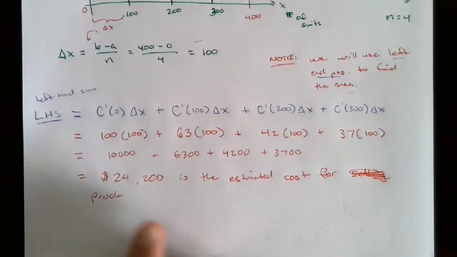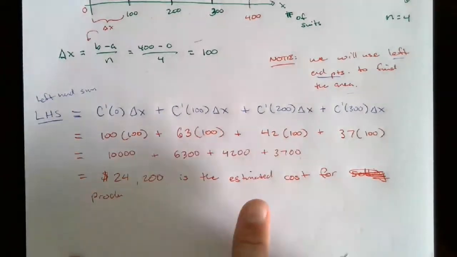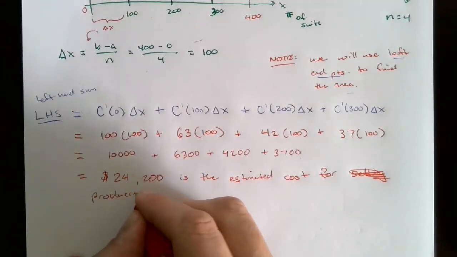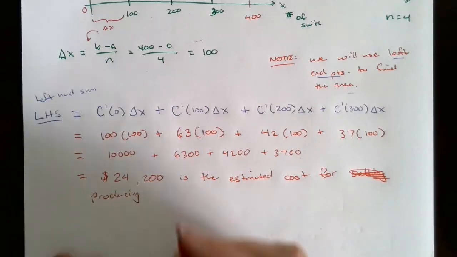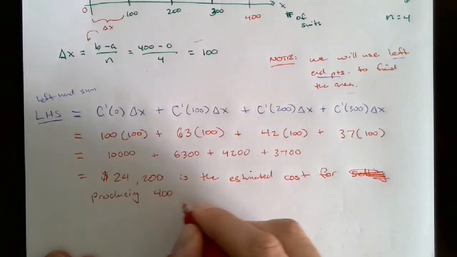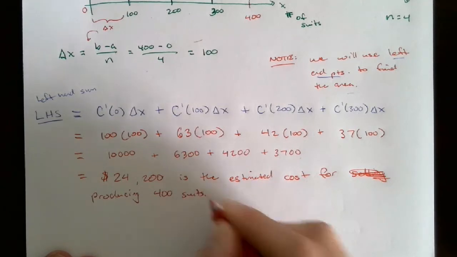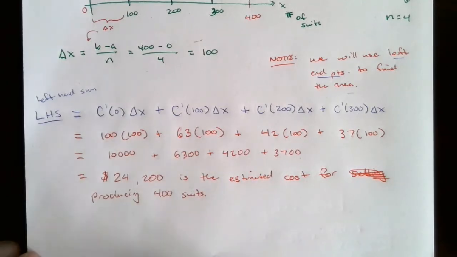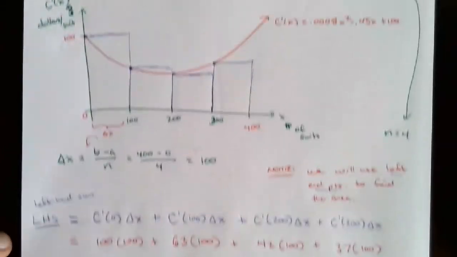All right, so $24,200, adding these up, is the estimated cost for producing 400 suits.